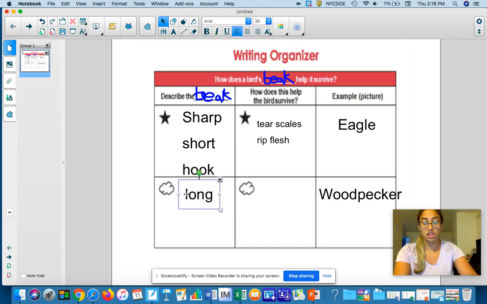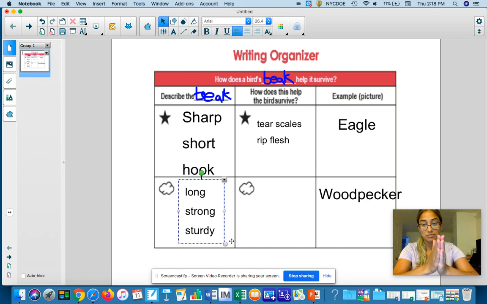It's a long, and if it's hitting a tree all day, do we think it's weak or a strong beak? If you said strong, then you are correct. It's a long, strong, and sturdy beak. That means it's not wobbly, it stays in place, and it's strong.